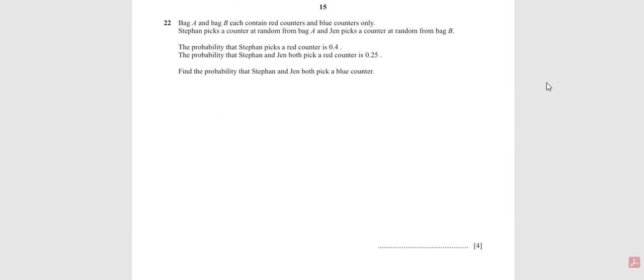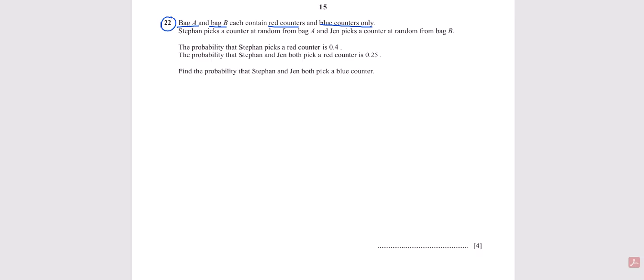The last question of this paper, question number 22. Bag A and bag B each contain red counters and blue counters only.